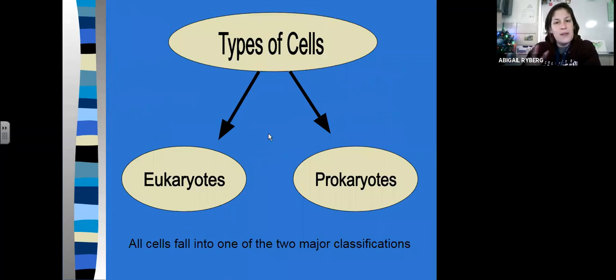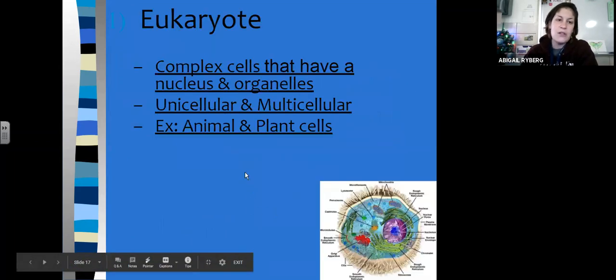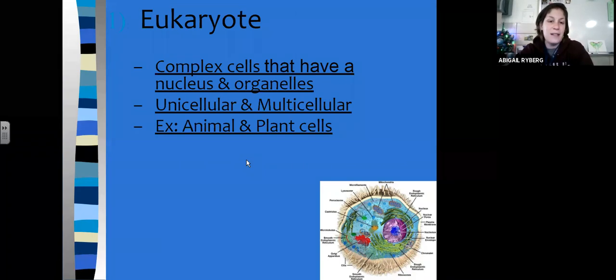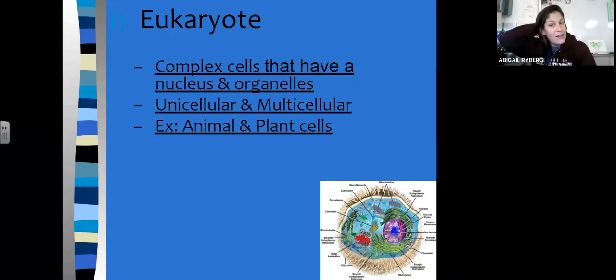There are 2 types of cells: eukaryotes and prokaryotes, and all cells fall into one of these 2 major classifications. First, let's take a look at eukaryotes. Eukaryotic cells are complex cells that have a nucleus and lots of organelles, which makes them complex.